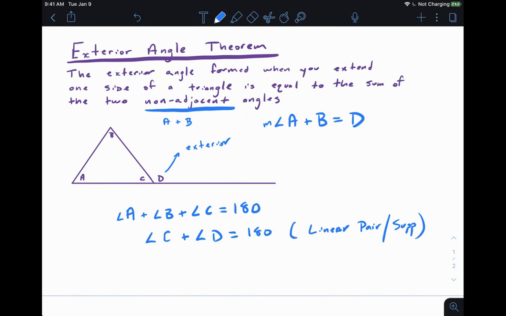So think of this almost like a system of equations might be helpful. If you look at equation 1, the top equation, and equation 2, notice how both have angle C in the mix. So if we were to subtract angle C from both of these, let's go ahead and do that. Almost like removing them, if that makes sense.